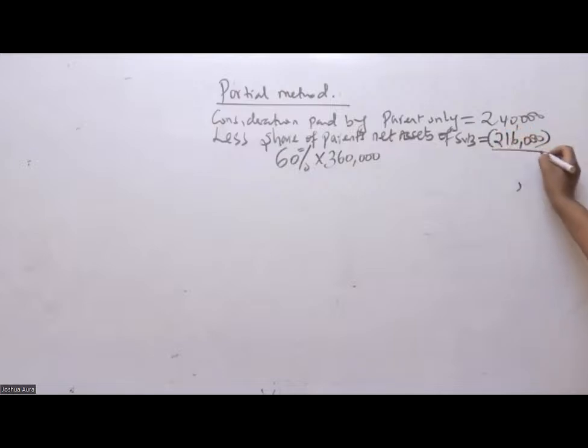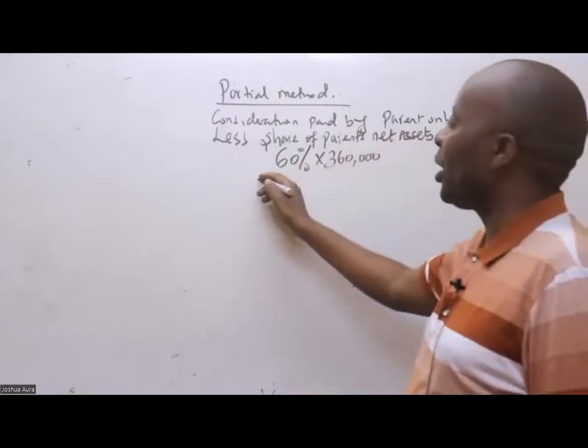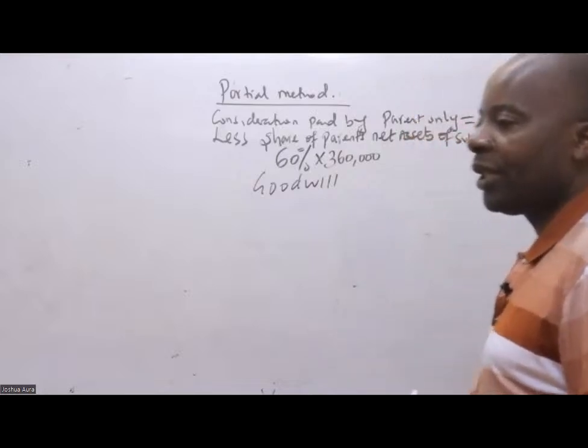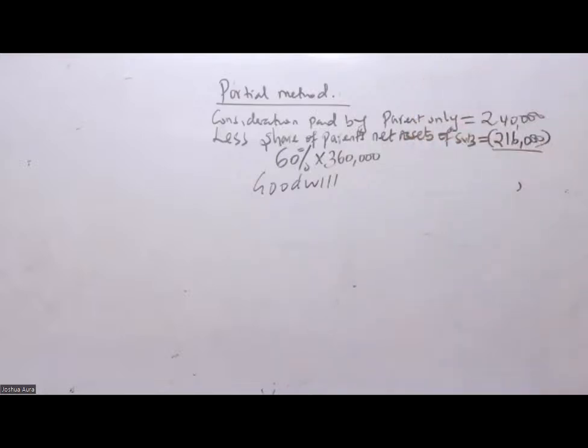So you subtract, and in this case you get the goodwill using the partial method, which, according to Benjamin, will be $24,000.